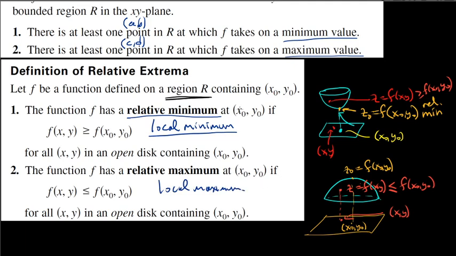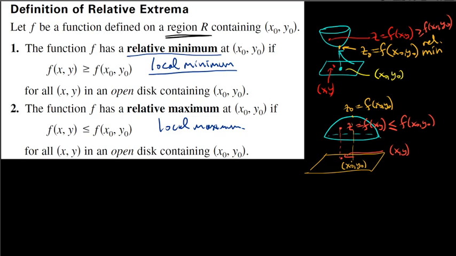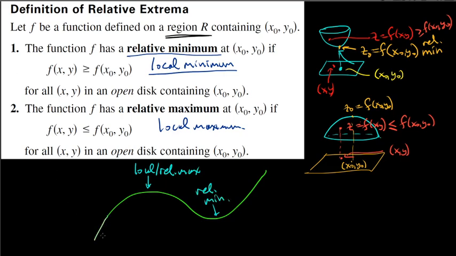Okay, so again, nothing new. You did this all in your Calc 1 days, where you just have a curve instead of a surface. You have something like this. And we would say that right here at the top, this is a local or relative maximum. And this down here, the valley, would be a relative minimum. Even though it's not the lowest point around, if you go far enough away, there are points lower than this, but not nearby.